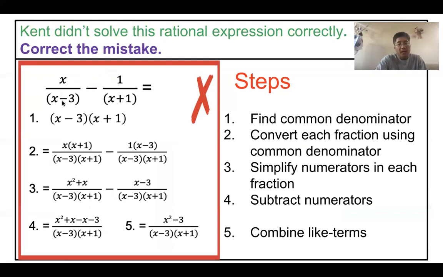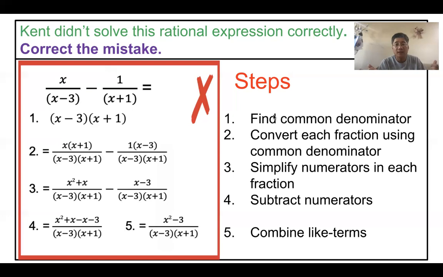So if you have two different rational expressions, especially with different denominators, what you should do first is find the common denominator. Think about when you add or subtract fractions, what did you do? You find the common denominator, right?